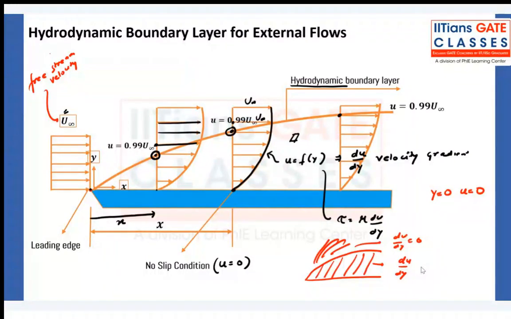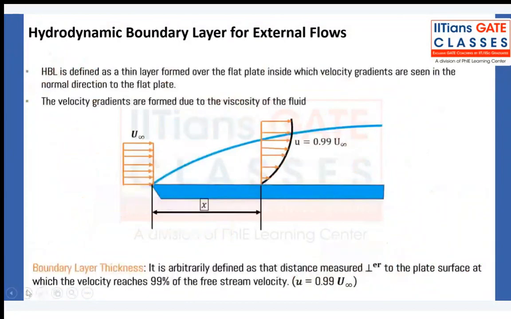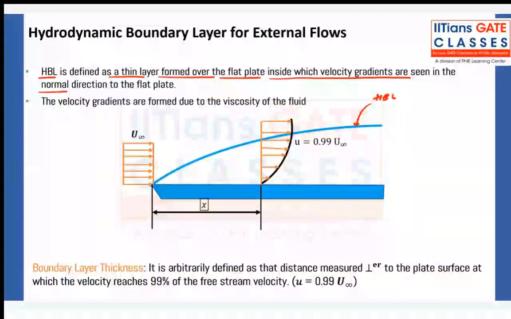Now, the hydrodynamic boundary layer, where it is showing the velocity gradient near the flat plate, is defined as the thin layer formed over the flat plate inside which velocity gradients are seen in the normal direction. In what direction are we seeing the velocity gradient? In y direction, normal to the flat plate.